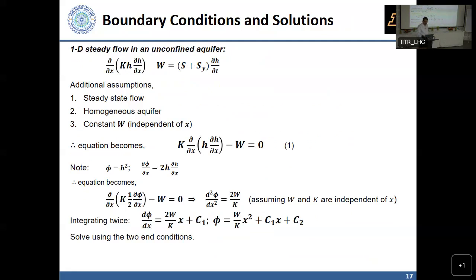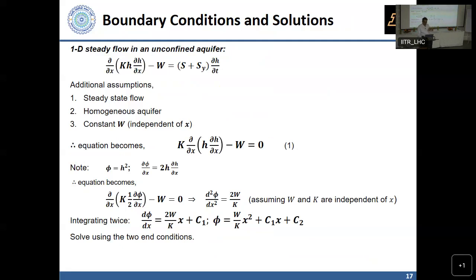Now, as we recall, this equation, because we have h del h del x, is linear in h squared, so we make this transformation, phi equals h squared, and we essentially get this revised equation that's linear in phi. Therefore, we can integrate this equation twice and get an expression for phi. Again, we have two constants, C1 and C2, and we'll have to be given two pieces of information, either about H or the fluxes or something that allows us to evaluate C1 and C2.